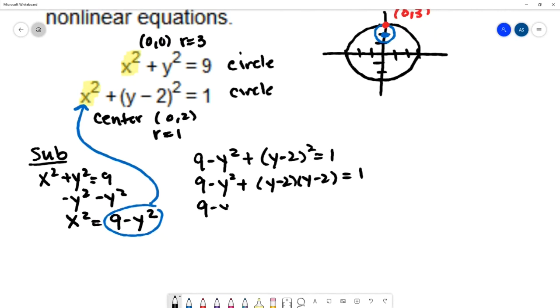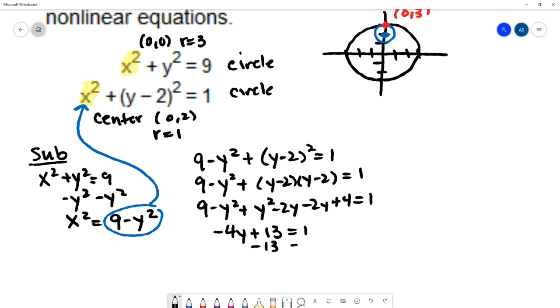I'll get 9 minus y squared plus y squared minus 2y plus 4 equals 1. Start combining like terms. Negative y squared and positive y squared will cancel each other out. I've got negative 2y minus 2y, that's a negative 4y. 9 plus 4 would give me a 13. Equals 1. And now I can solve for y.